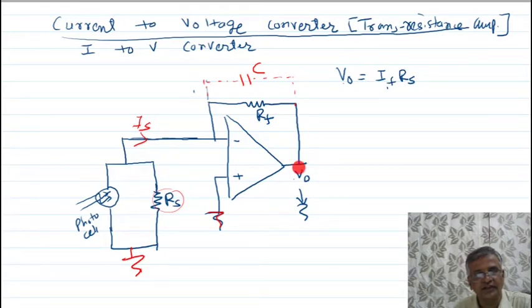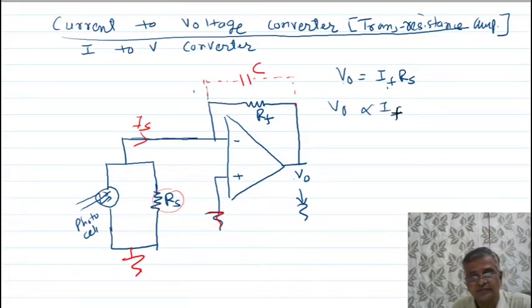So the output voltage with respect to ground, this point is a virtual ground because the input impedance is very large. So VO is nothing but the current multiplied by RF. So you can say VO is proportional to your current.